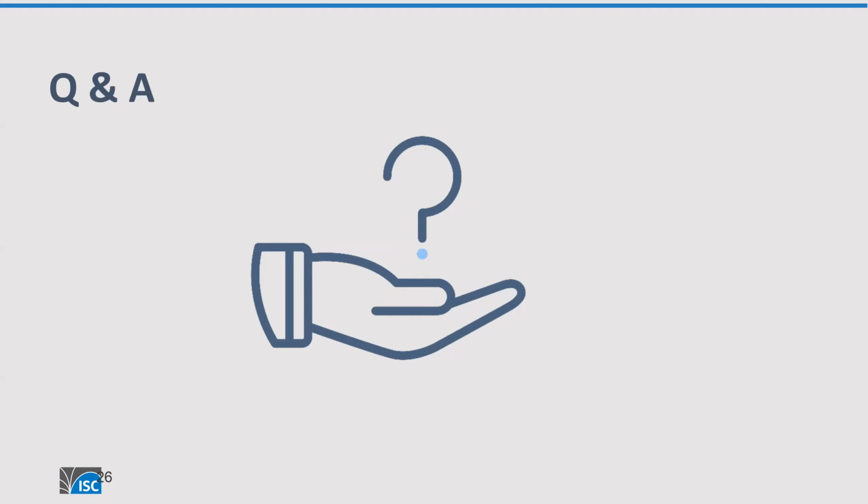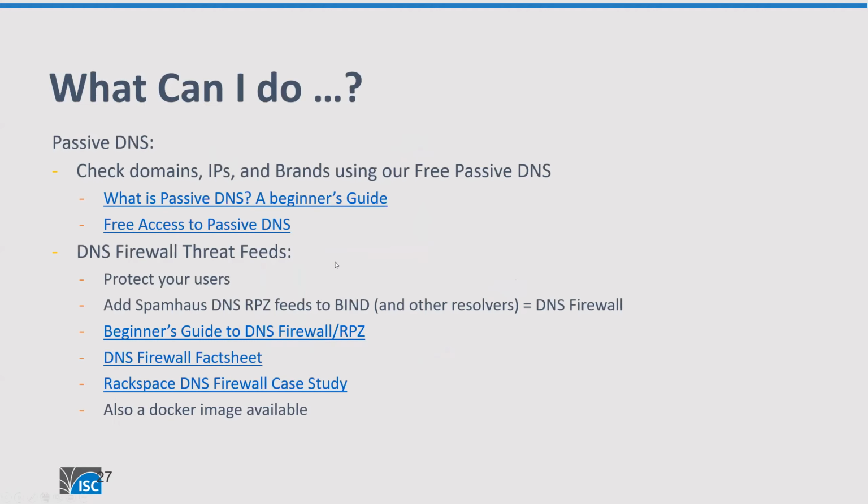Thank you, Vicky. I'd like to throw in a question. Maybe, if you don't mind, Matt, you could advance to your slide that has the references on there and point out a few of them. Okay, so essentially, a few things that you can do, and this is looking at things that Spamhaus offers, and the first thing on here is Passive DNS.